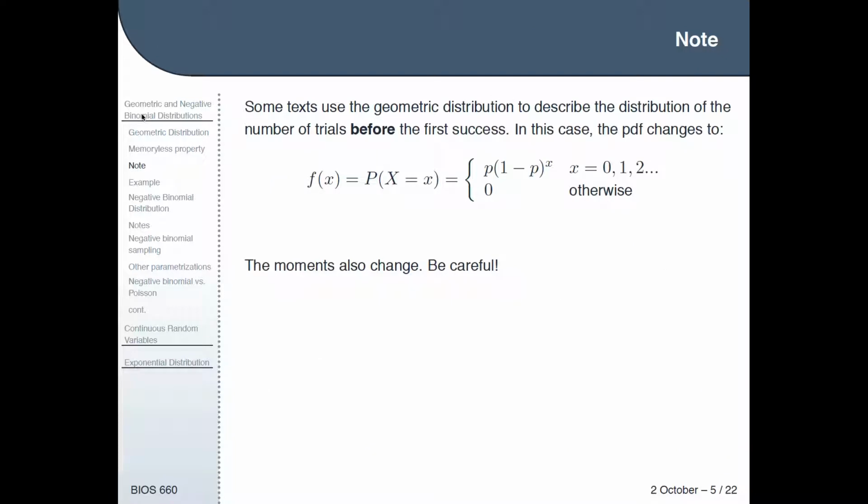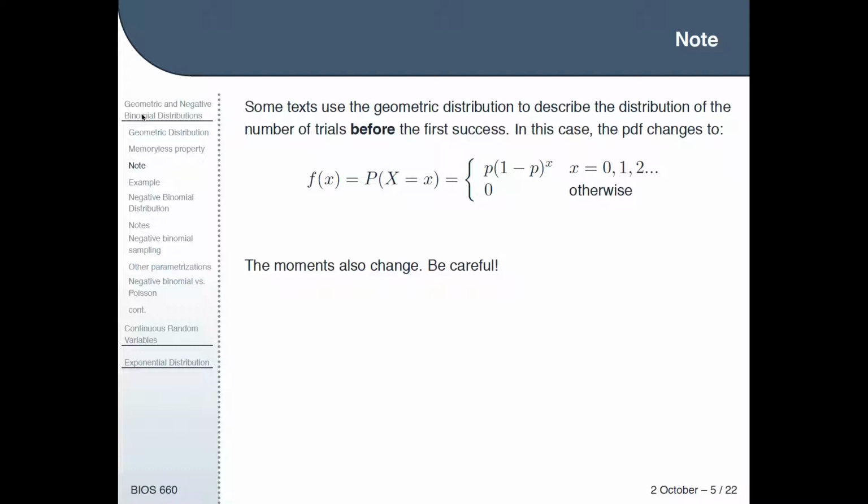Just as a little note, because this can be confusing if you read papers or other textbooks, the way the geometric distribution is defined is not standard across textbooks. The way I just defined it, which I believe is also the way Casella and Berger define it, is that it counts the number of trials until you get the first success.